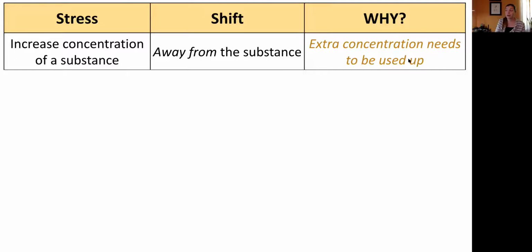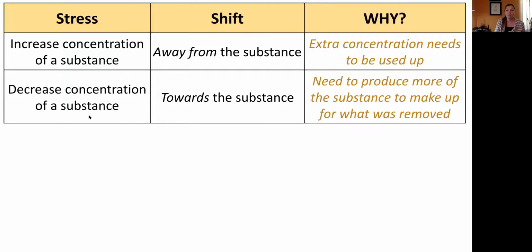The reason why this happens is because that extra concentration that we just added needs to be used up. It needs to reestablish its equilibrium. If we decrease the concentration, we're going to see the opposite shift. So if we have our reactants and products and we remove some reactants, we're going to see a shift toward reactants.